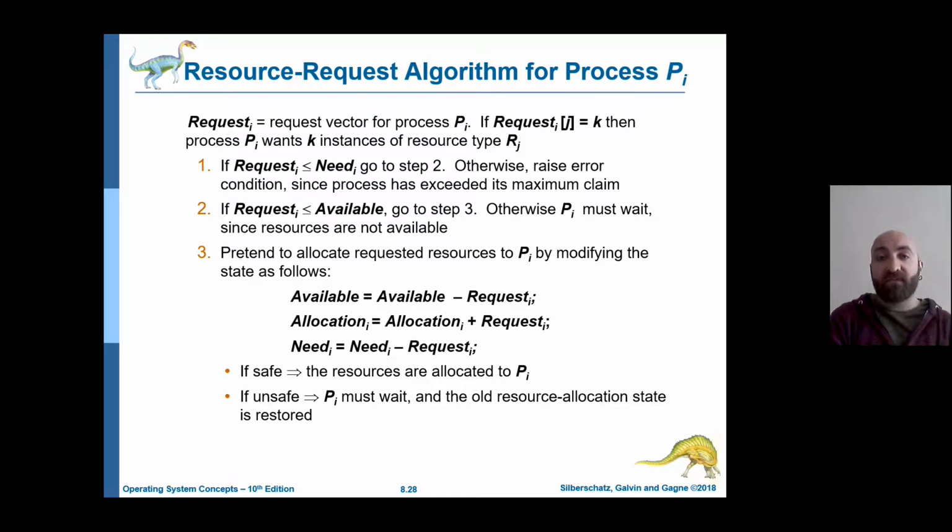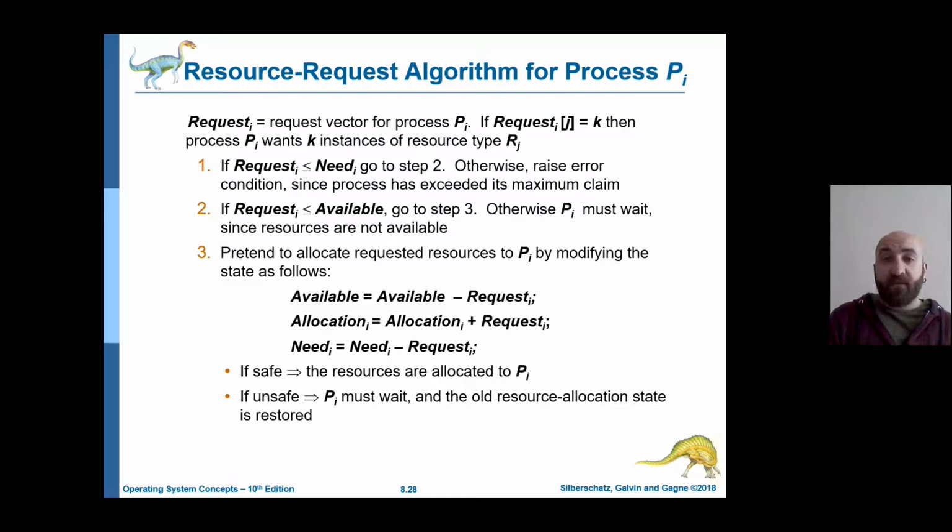When a request for resources is made by thread Ti, these actions are taken. The first one: if Request[i] is less than or equal to Need[i], go to step 2. Otherwise, raise an error, since the thread has exceeded its maximum claim.